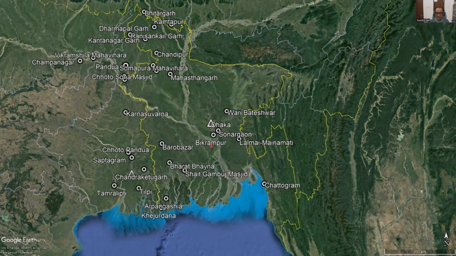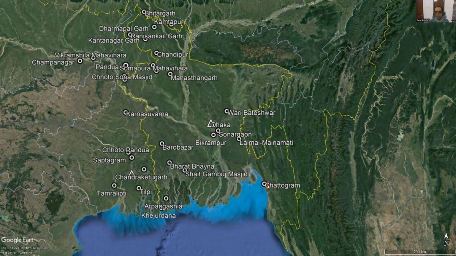Bikrampur. And Shait Gambuj Masjid is, of course, in the center of Khalifatabad, another urban center of the medieval period. And you are all well aware of Lalmai Mainamati and the mention of several urban centers there, including Devaparvata.